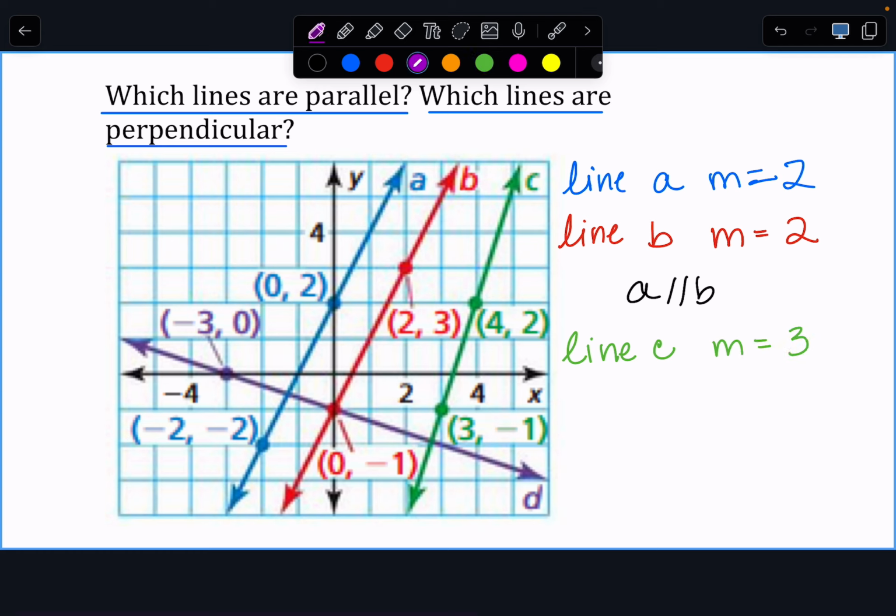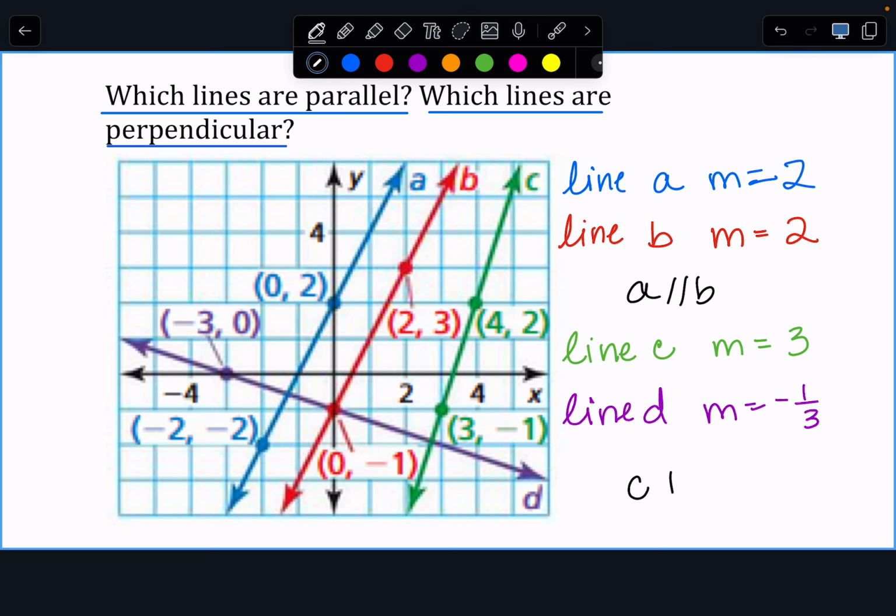Okay. So now let's talk about line D. Nolan, what's the slope of line D? Negative 1/3. Okay, -1/3. So, Will, did you and Ty decide that we had perpendicular lines anywhere?